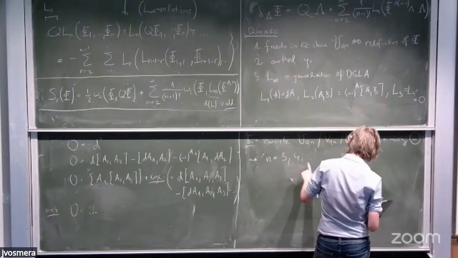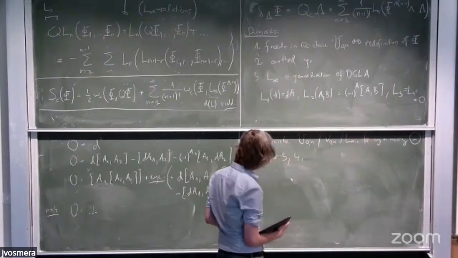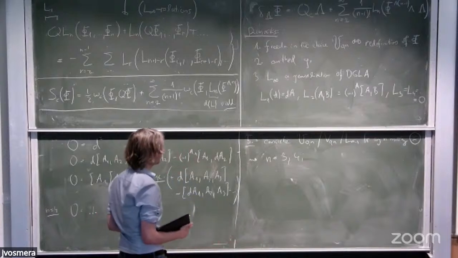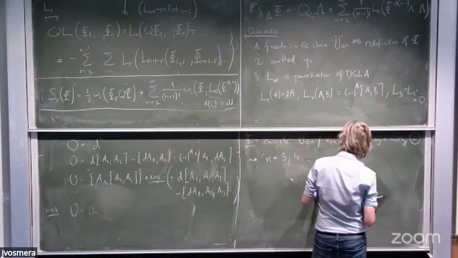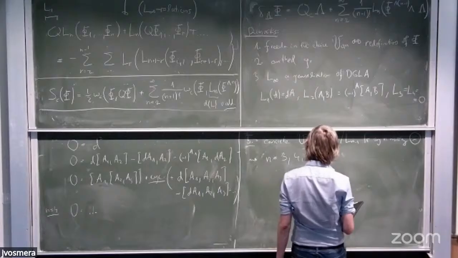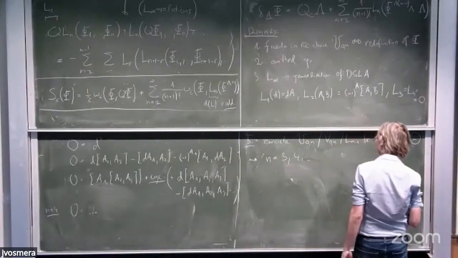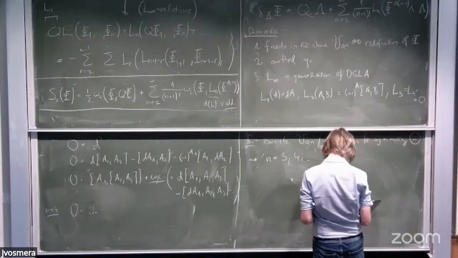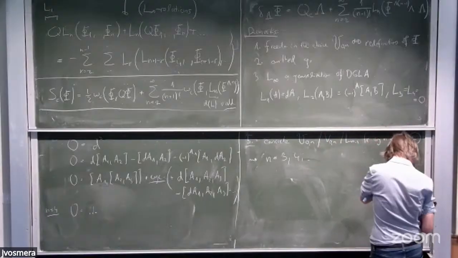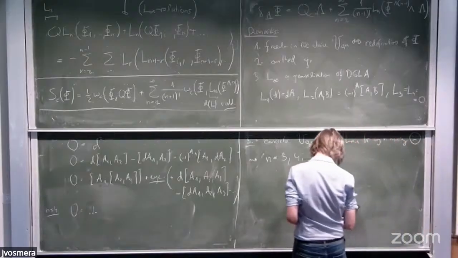But depending on what you want to compute, you can also construct some higher-point vertices which will work for some special states, for instance, states which are on shell or close to on shell, but not for generic states.